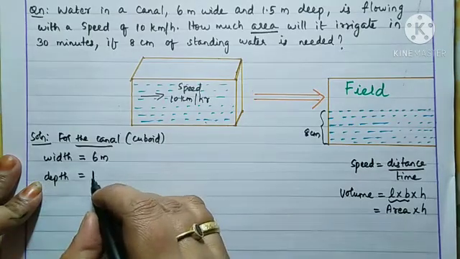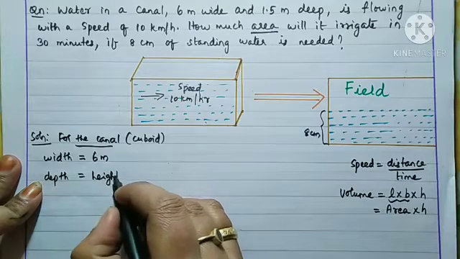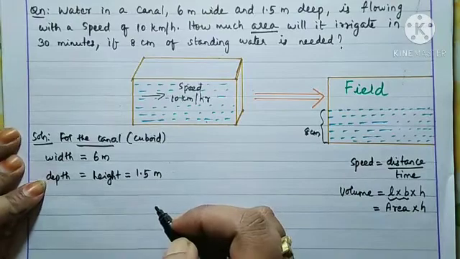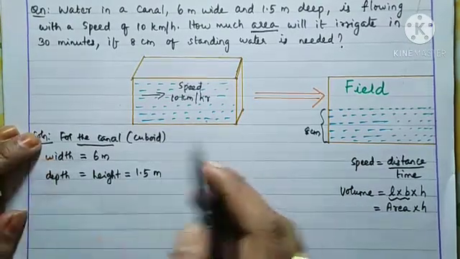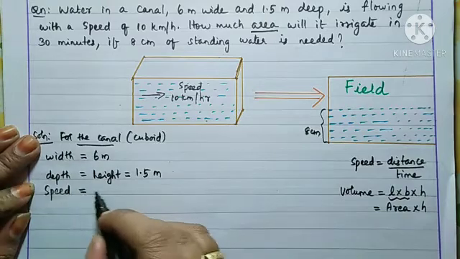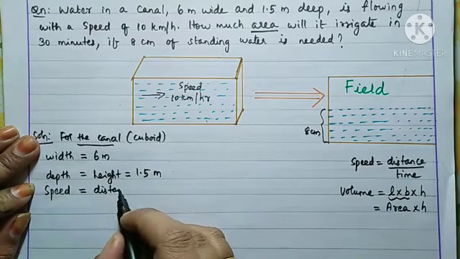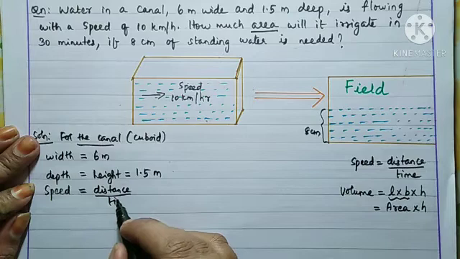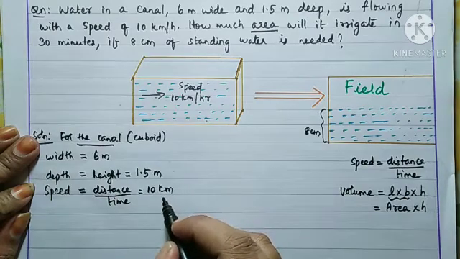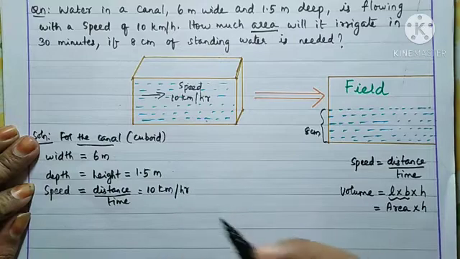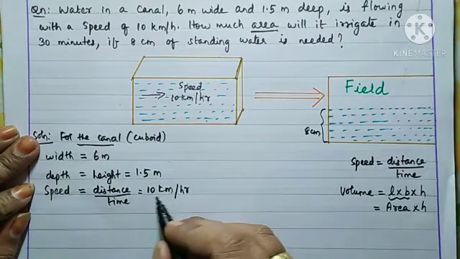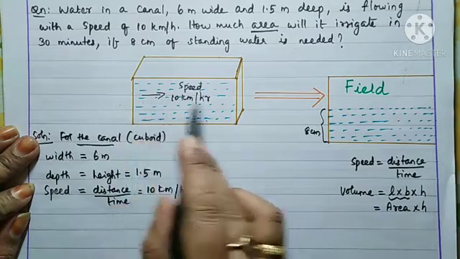Depth means height, that is 1.5 meters. Now, what else is given? The speed of water. Speed is equal to distance by time, and here it is given as 10 km per hour, meaning 10 km in 1 hour. So this is the distance. It is equal to the length of the cuboid.